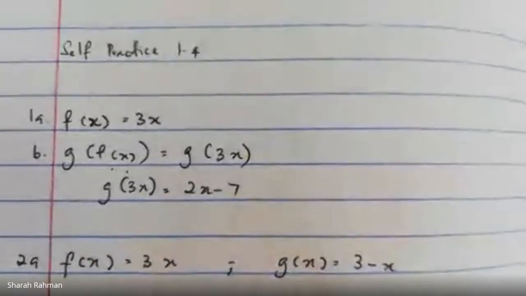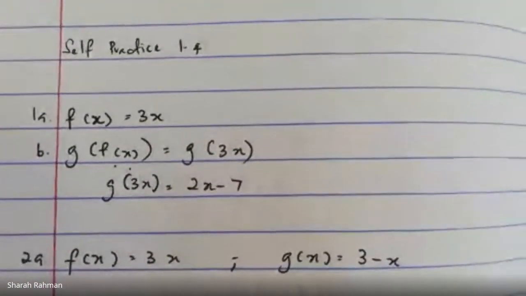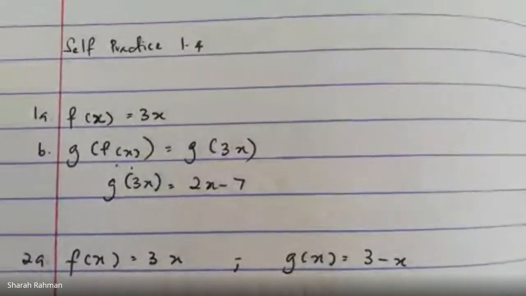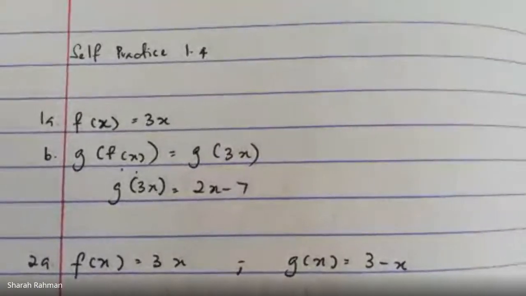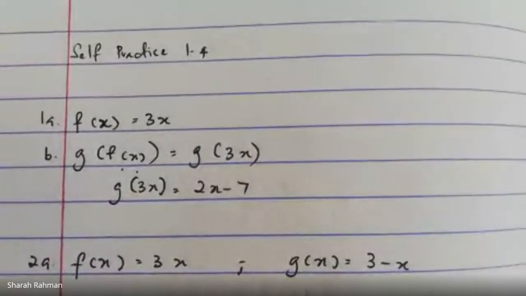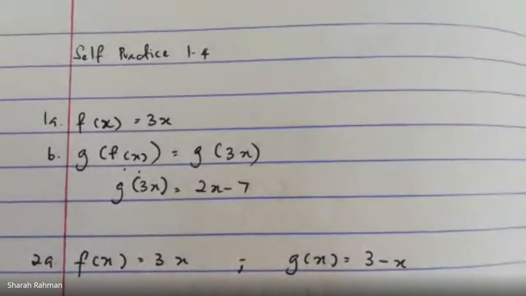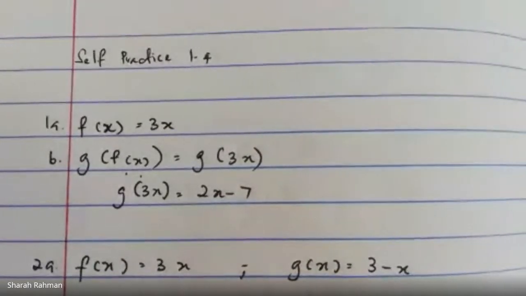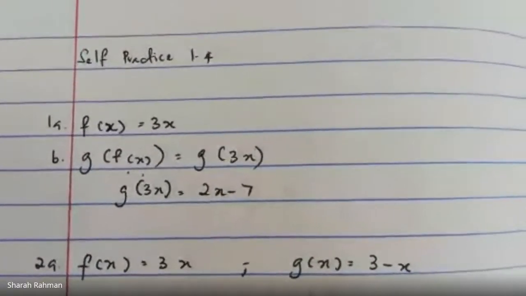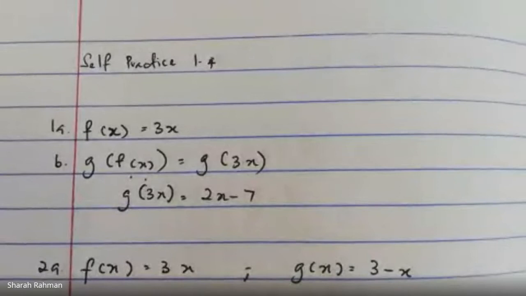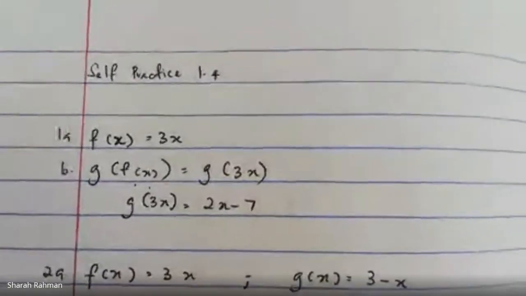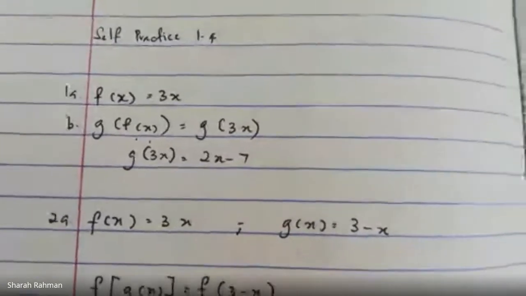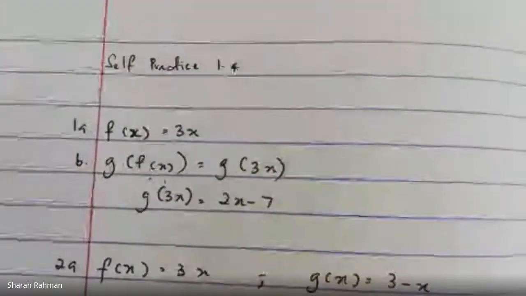After this, I will paste in the Telegram all the methods. So you may refer to the Telegram for how to solve self-practice 1.4. Okay, is that okay? Any problem? Okay, Sasmita, thank you. So we want to continue.